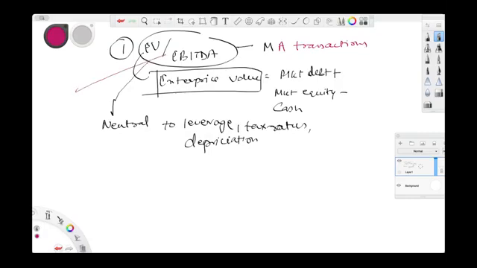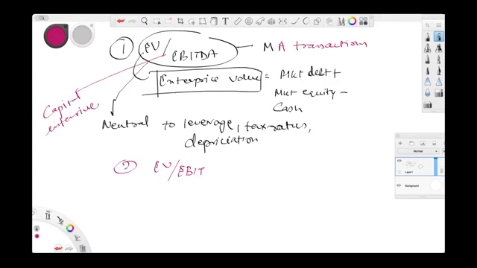Also, we prefer it for capital intensive companies, like the cement industry, metal industry, power industry, telecom industry. Similarly, we have EV by EBIT also. Same logic, we use it for capital intensive manufacturing, airlines, these sorts of companies.